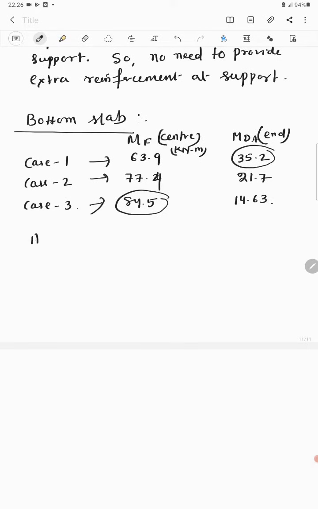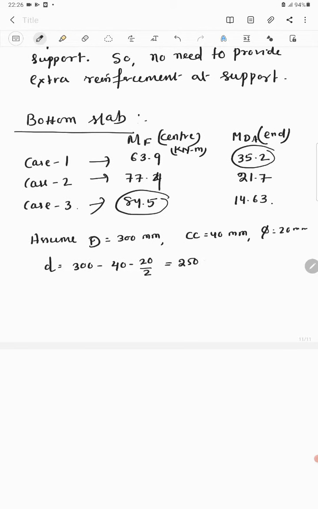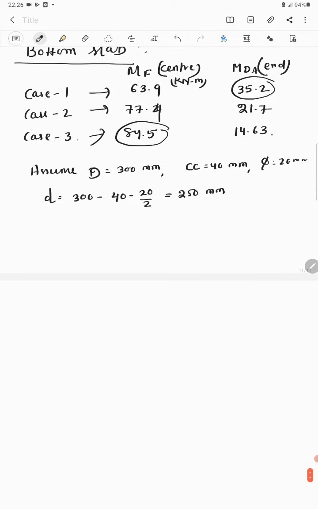So same, we'll assume overall depth 300 mm, then clear cover 40 mm, then diameter 20 mm. So effective depth will be 300 minus 40 minus 20 by 2 is equal to 250 mm. Then what is the d required?